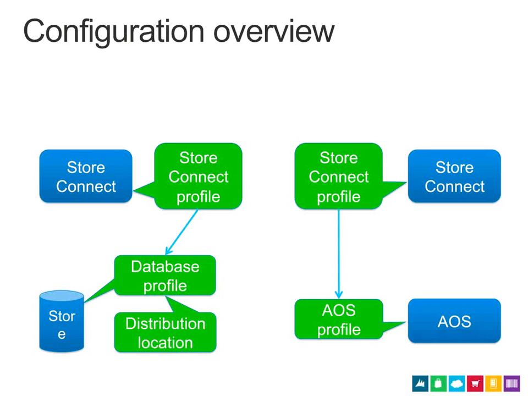So if you then send out the data, the HQ Store Connect will execute and extract the data, forward the data package to the Store Connect at the store, and based on the database profile, we are writing it into the listed database.